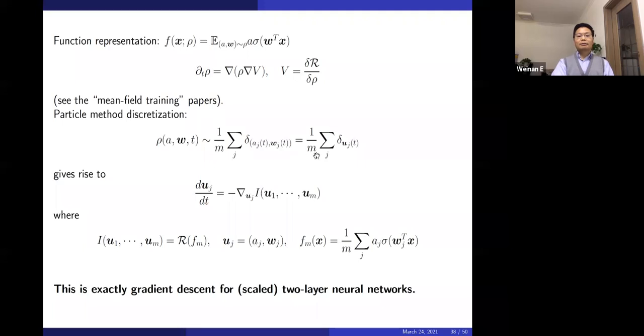If you plug in rho equal to this, and then you calculate the loss function, then it's this loss function here. So this PDE is exactly equivalent to this gradient flow dynamics of a finite number of particles. And these finite number of particles are actually the weights for the neural network, for a two-layer neural network.